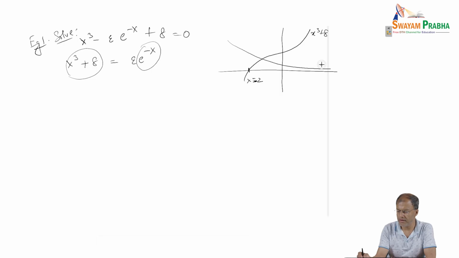Depending on epsilon, we will have a root which is the intersection of these two curves, r1. We only have one root as the diagram suggests, and r1 will be greater than minus 2 and most likely less than 0, so it is a negative root.